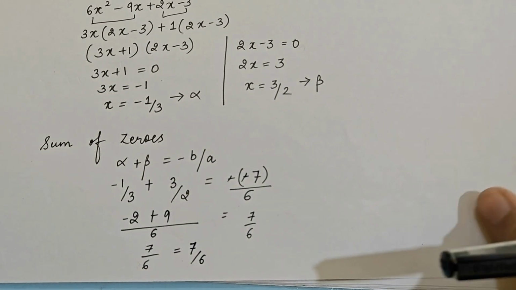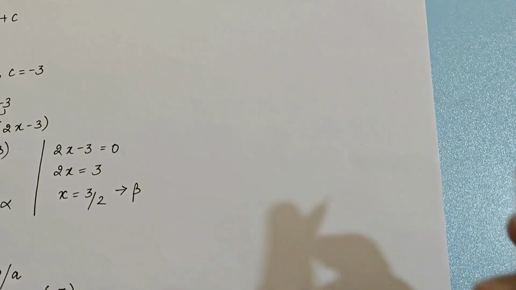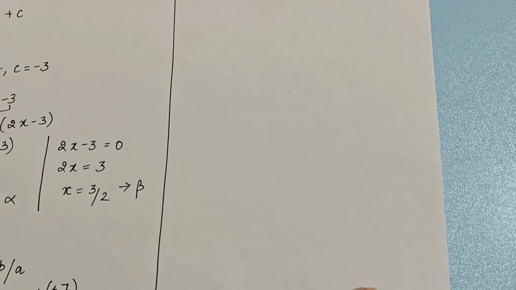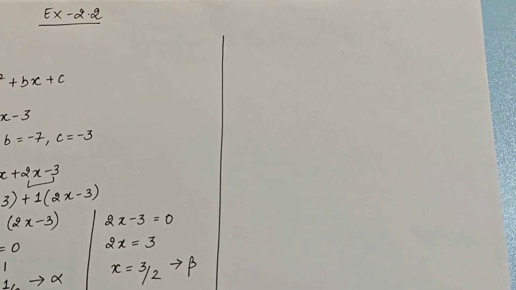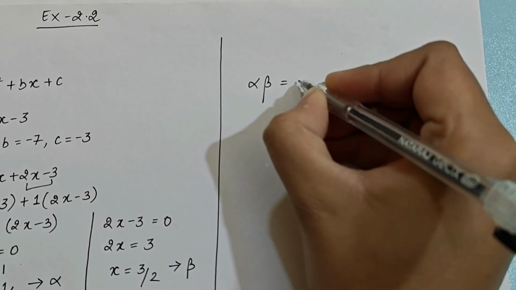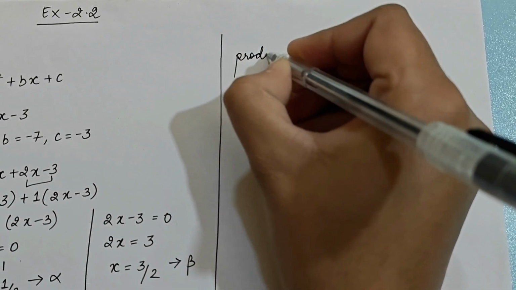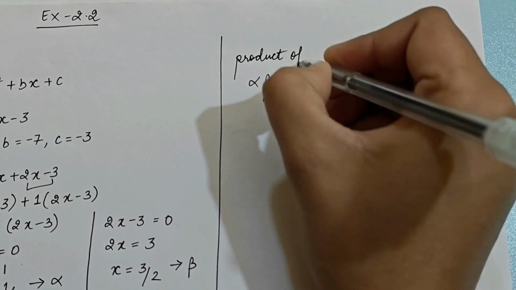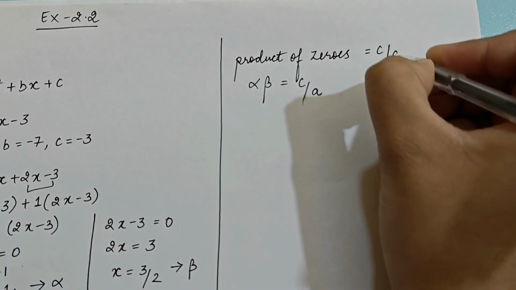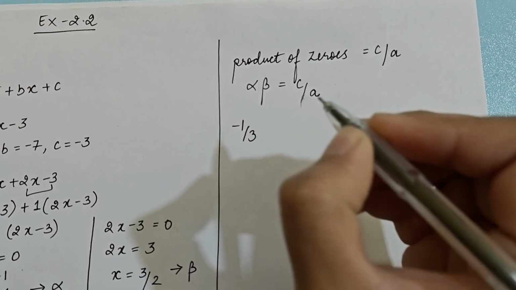Okay, now we need to verify the product of zeros. How do we calculate the product of zeros? Alpha beta is equal to C upon A. This is our product of zeros. Okay, what is alpha? Minus 1 by 3.